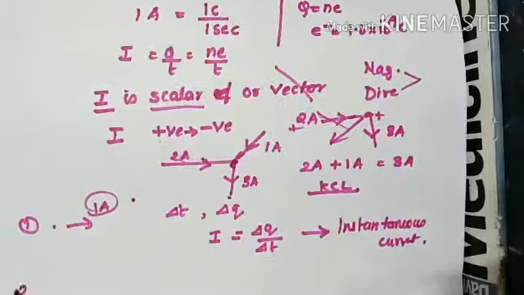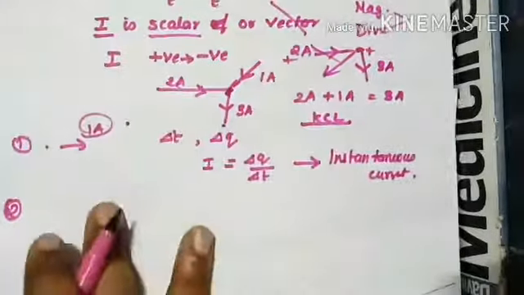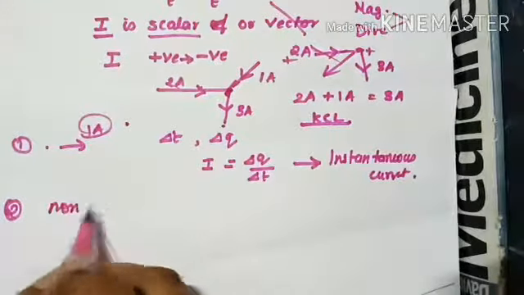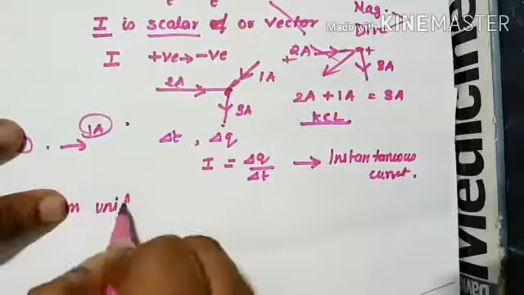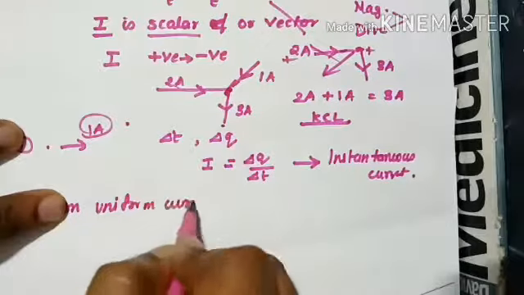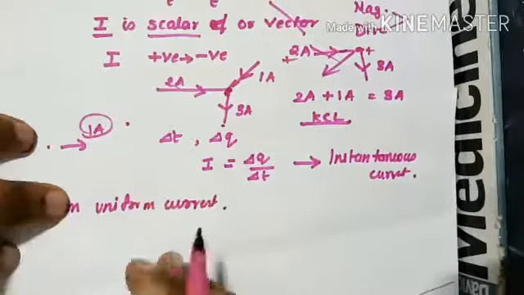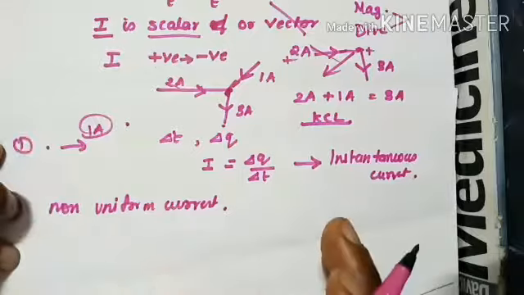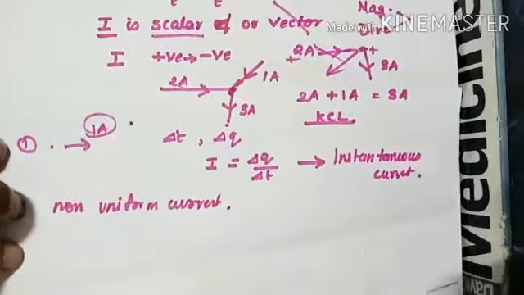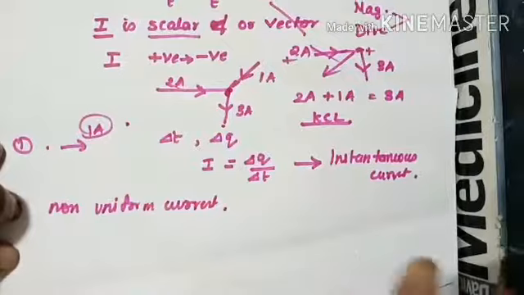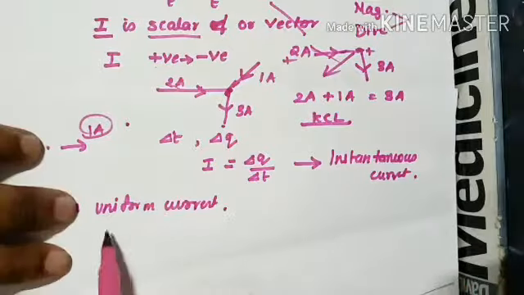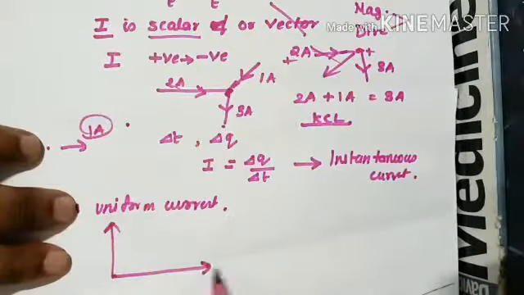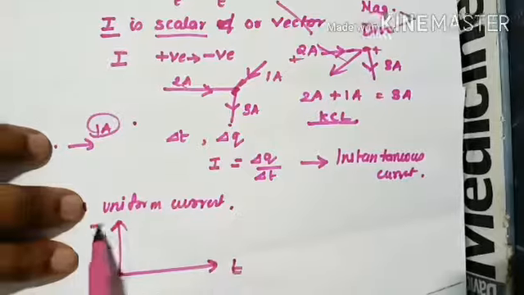So the second type is non-uniform current. That is very easy to understand. What do you mean by non-uniform? That is, the current changes in any way, or the charge flow can be anything. Suppose I consider it in a graphical way. This is your time, this is your current.